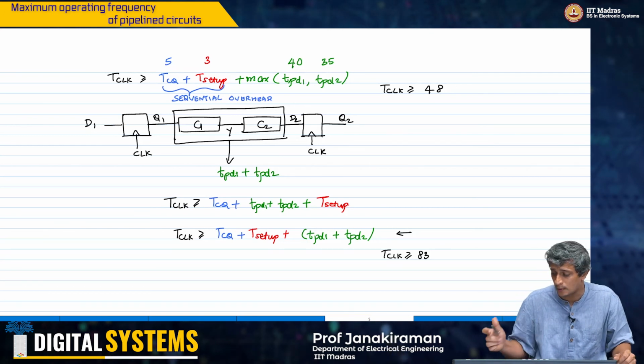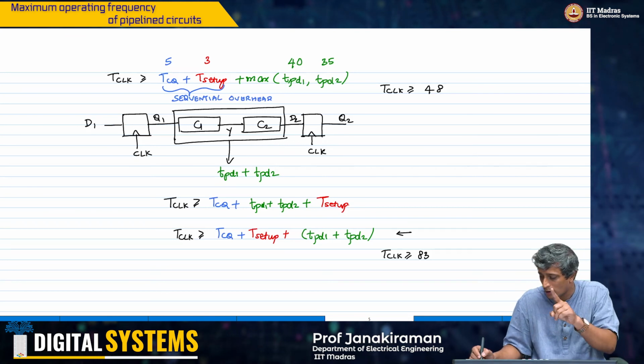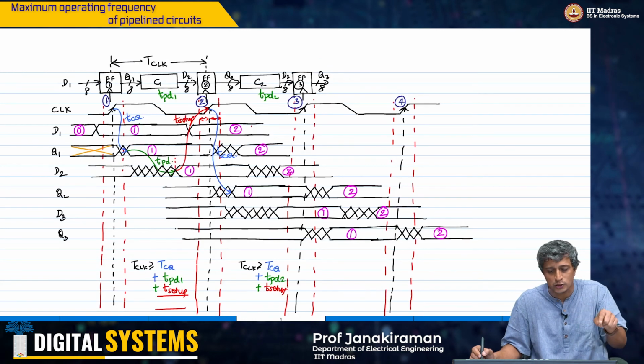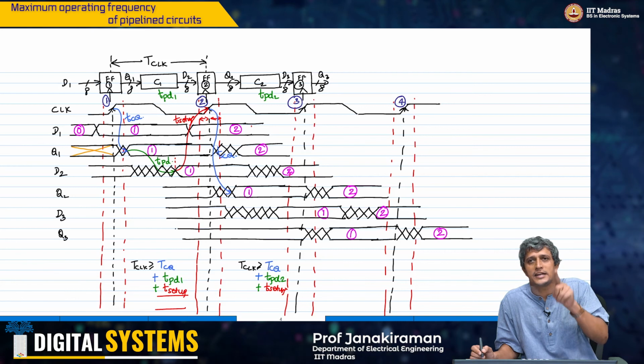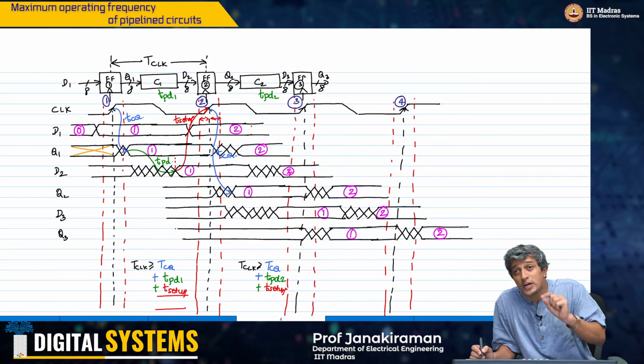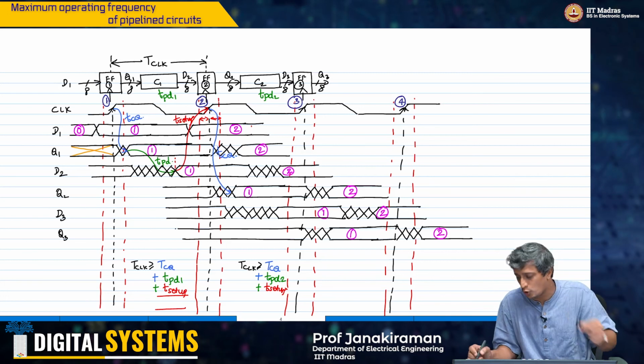But the fact is that in order to get the latency, the data has to go through at least one TCQ at each flop, and therefore every time I add a flop, I am increasing the latency by a TCQ delay.